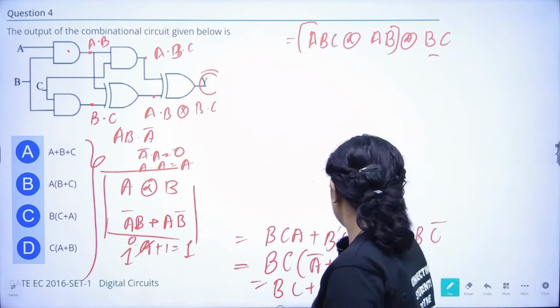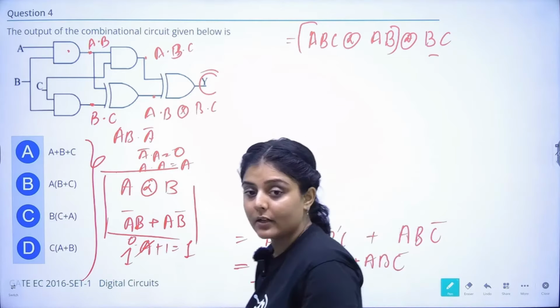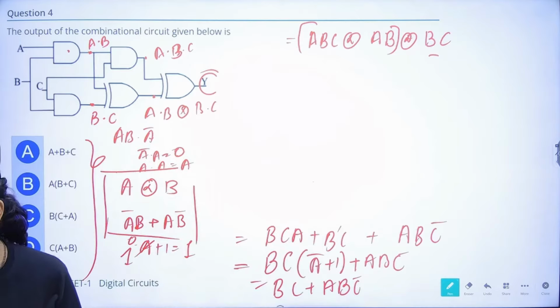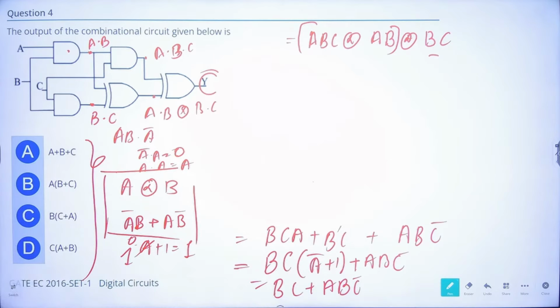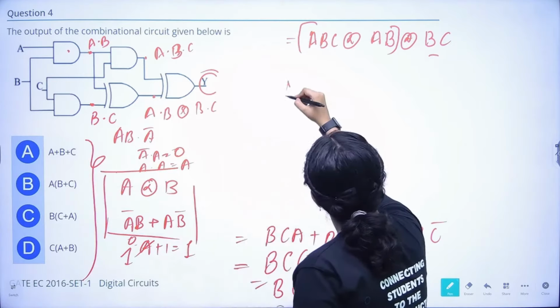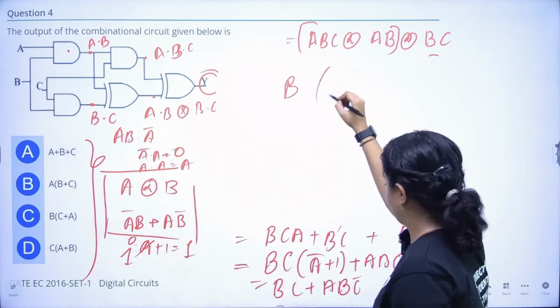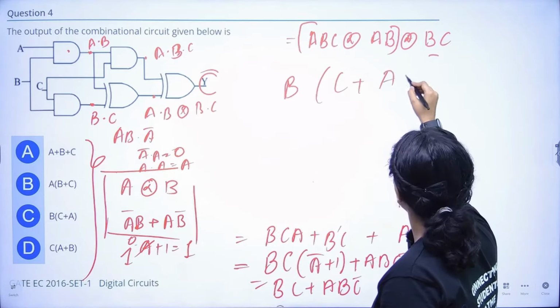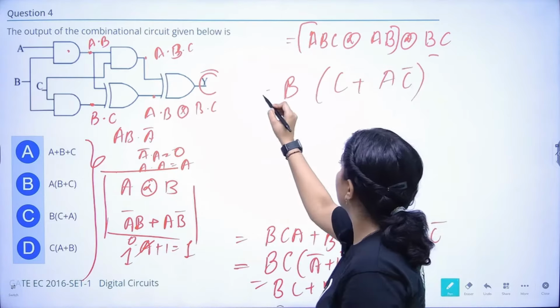Now what we can do here, from here we can take B as common. That will be C plus A C bar.